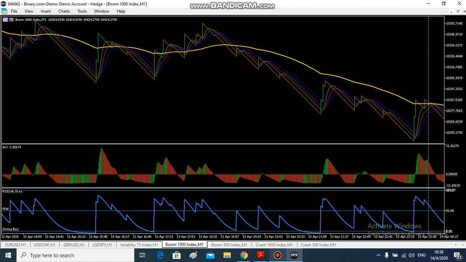Without wasting much of your time, let's jump straight into the video I'm going to be sharing on scalping the Boom and Crash index. This trade involves about 4 indicators: the 200 MA, the Alligator with its default settings, no additions or subtractions, the Awesome Oscillator, and the RSI, period 14, with levels at 95 and 5 for buy.